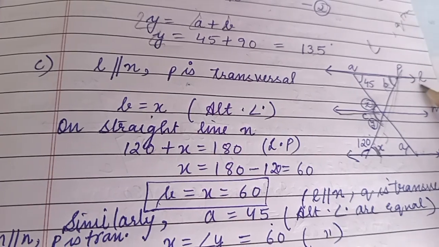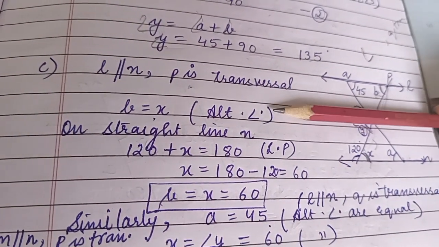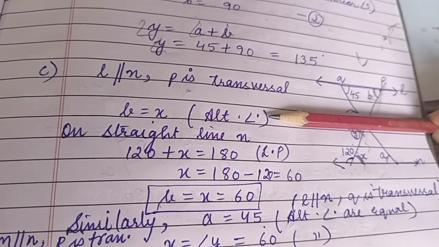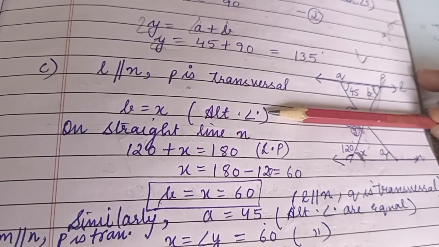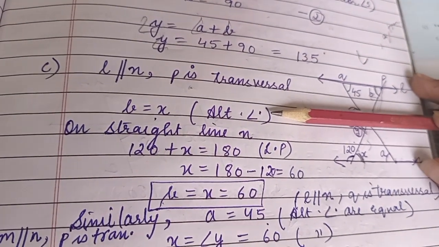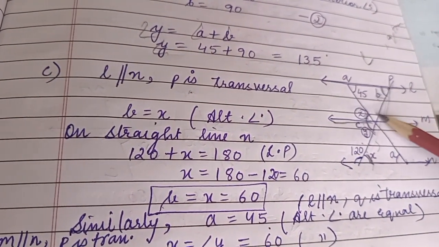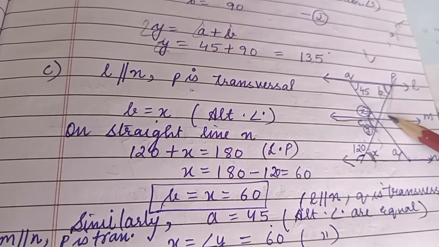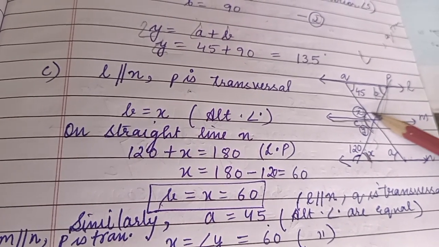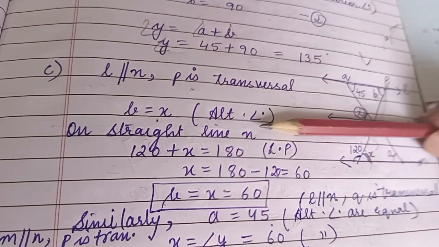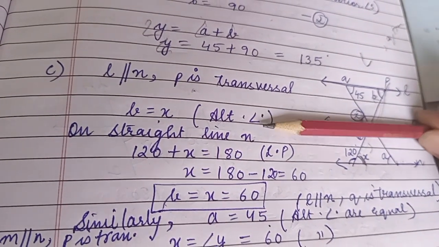And which two parallel lines? Check this now. Are you able to get that? Two parallel lines, L and N. Why didn't I take M? Because there is no angle over here, and they have given no values here, they have given values over here. So I have forgotten line M and only check the value on N.